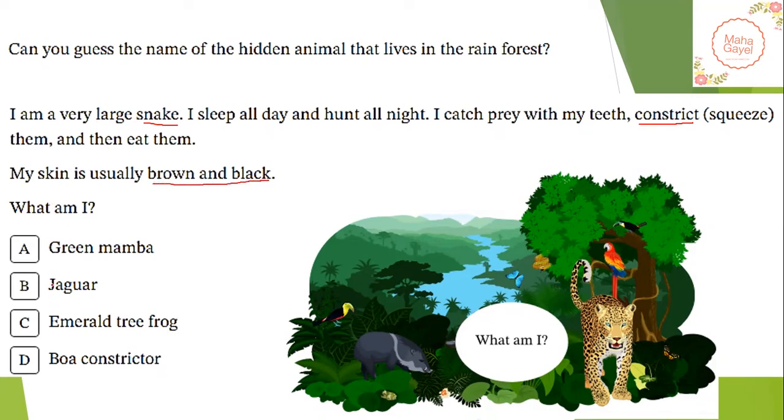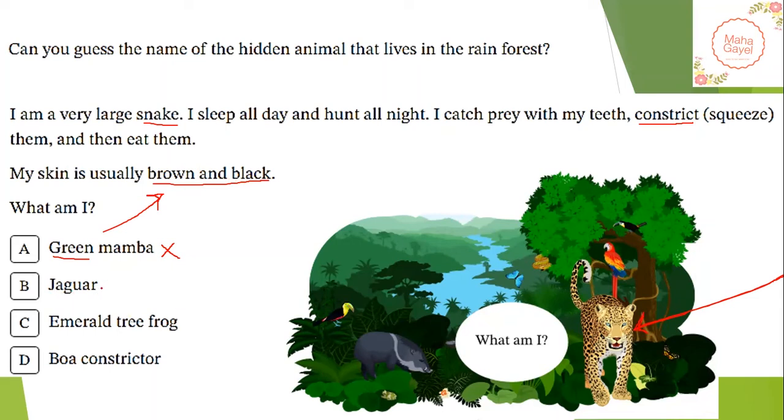So let's see. Green mamba. I don't know what is green mamba, but the word green can let me exclude the answer, because he mentioned that his color is brown and black. Jaguar, we all know the jaguar. This is the jaguar. It's a species of cat, like the tiger.